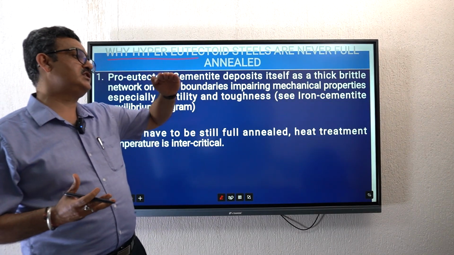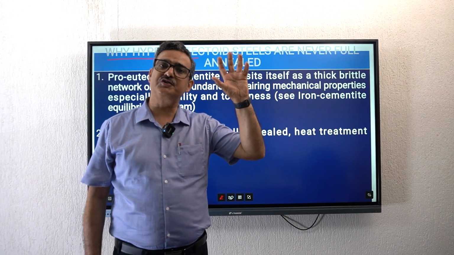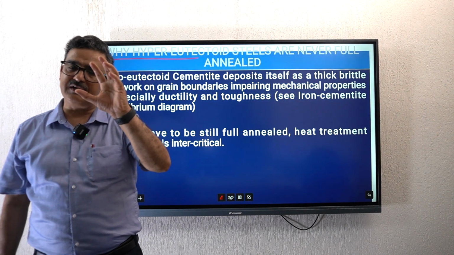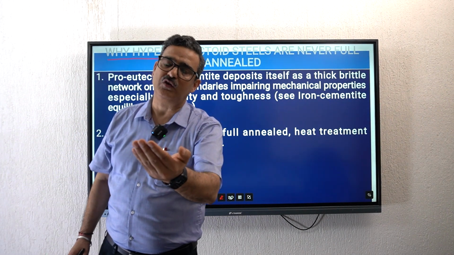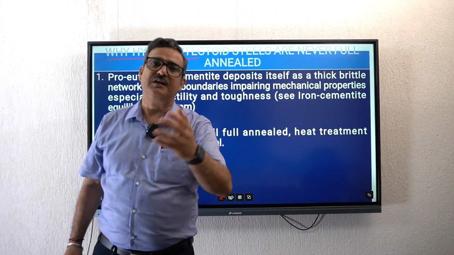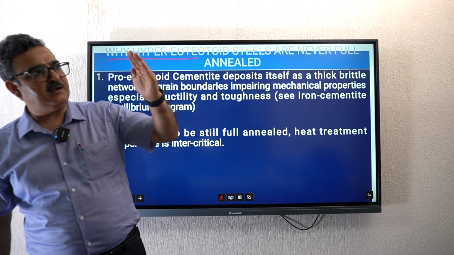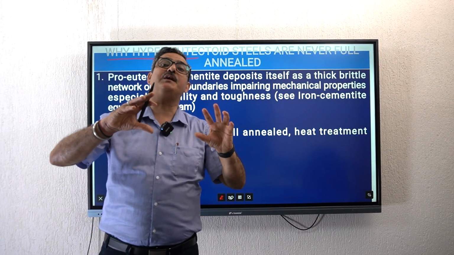Sir, if we take this steel to a temperature higher than the upper critical temperature, we have 100% austenite in it. If we start cooling it, no sooner it reaches the upper critical temperature, cementite starts precipitating out of austenite. So what do we have in the steel beyond the upper critical temperature? As we are cooling, we have austenite, plus now we have pro-eutectoid cementite.